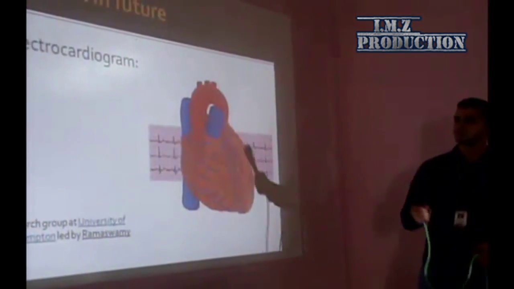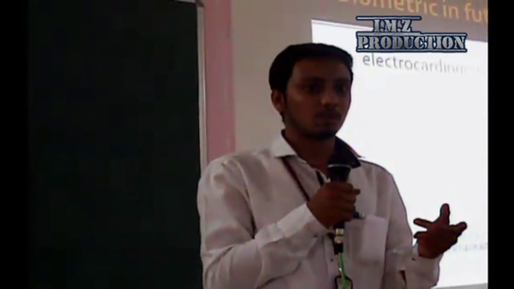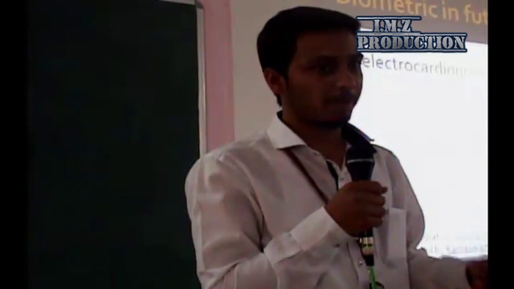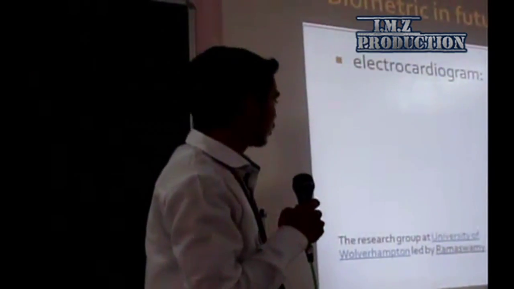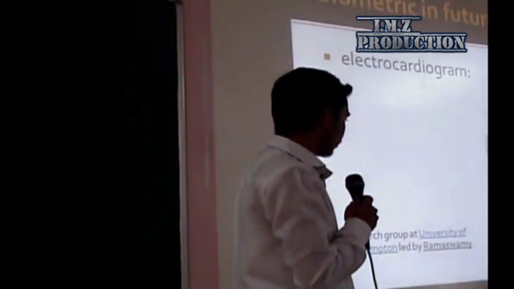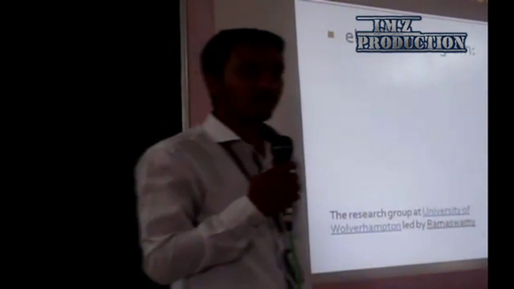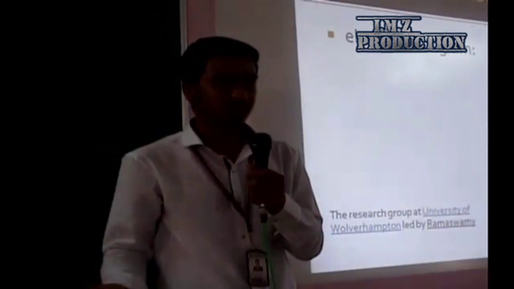Next page. One of the persons has talked here about the heart in the PPT. So, coming to biometrics in the future, one of the scientists, known as Ramaswamy, who is working at the University of Wolverhampton, discovered that even our heart vein design differs from one person to another.